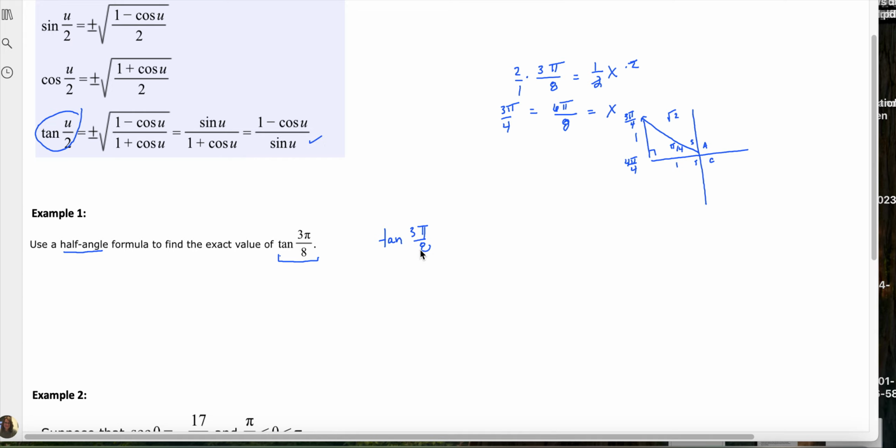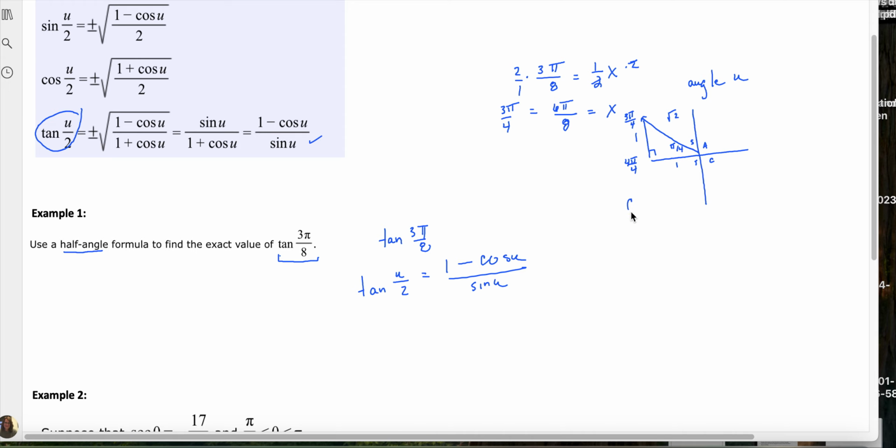So to find tangent of 3 pi over 8, I'm using the formula tangent of u over 2, the book uses u, equal to 1 minus cosine u over sine u. Basically what we've done over here is we've made a triangle for angle u.